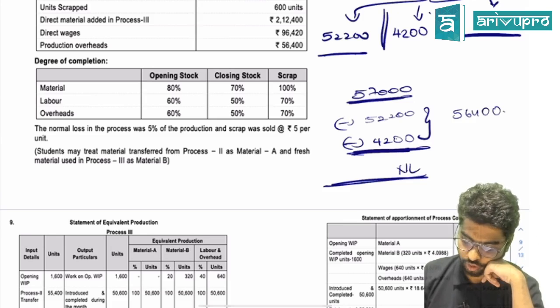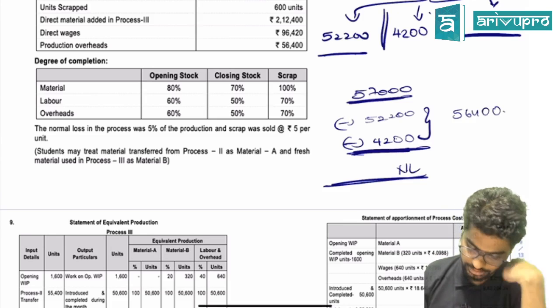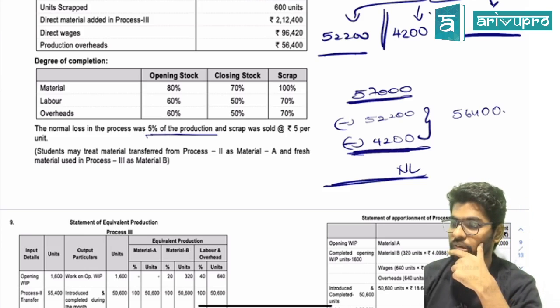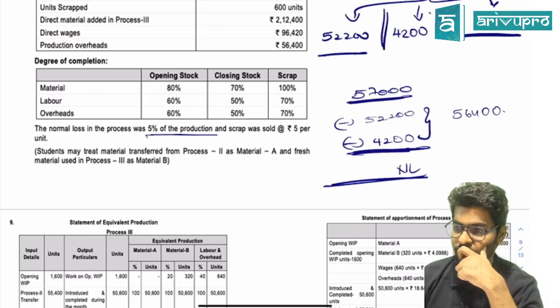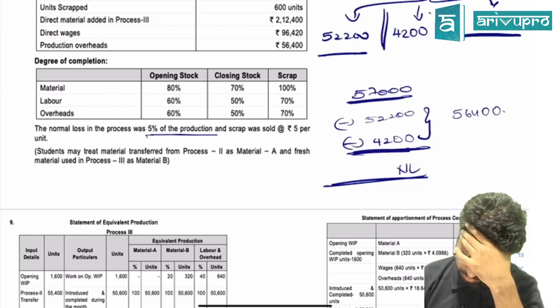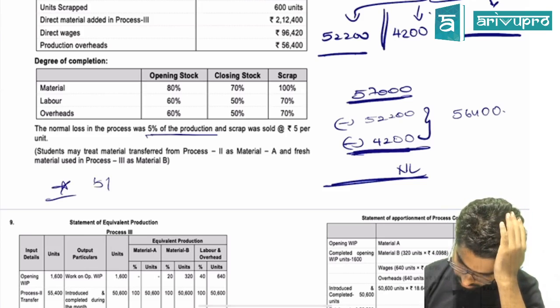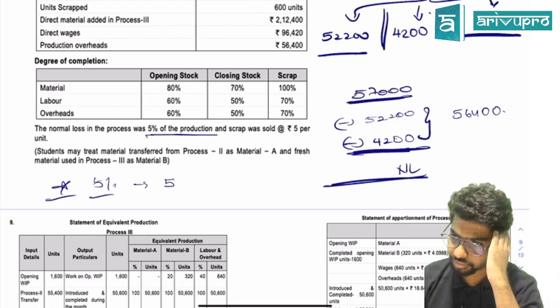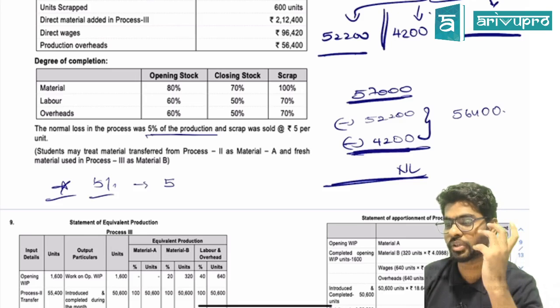Then they are saying normal loss is basically 5% of the production. 5% of the production, right? So 5% of the number of units introduced during this year.